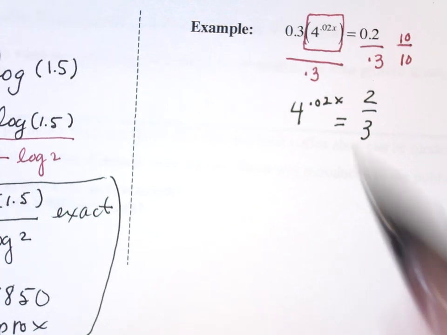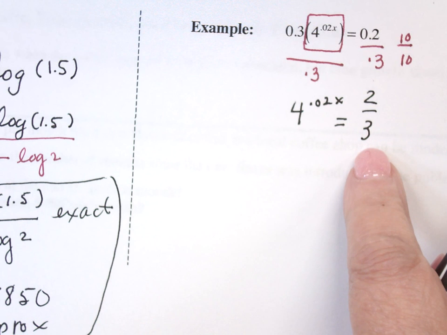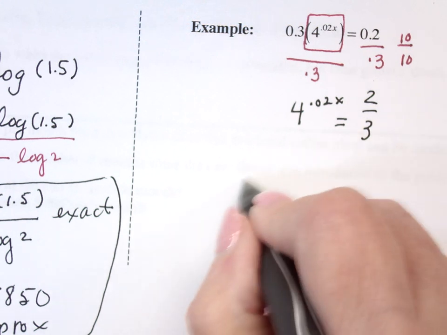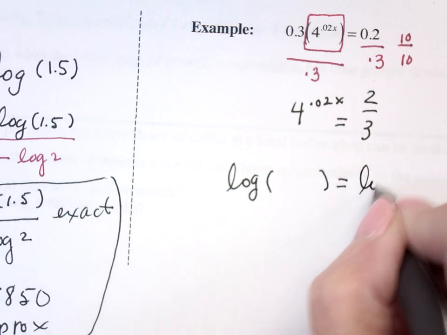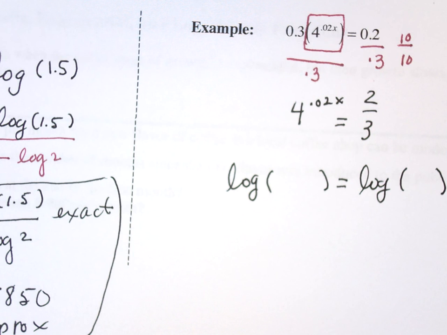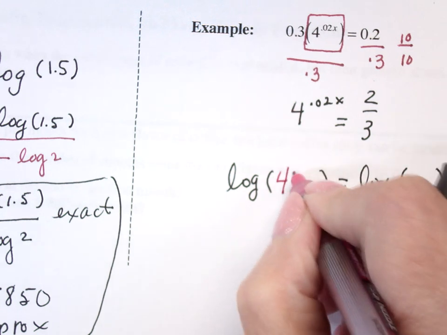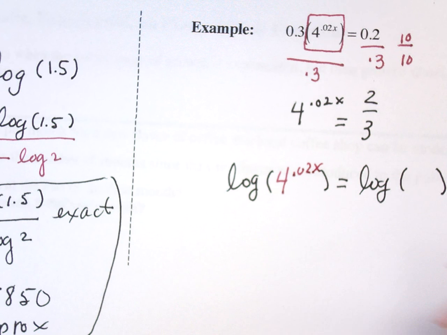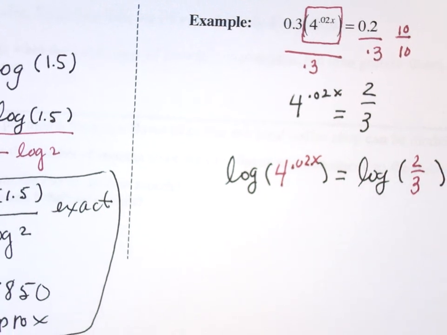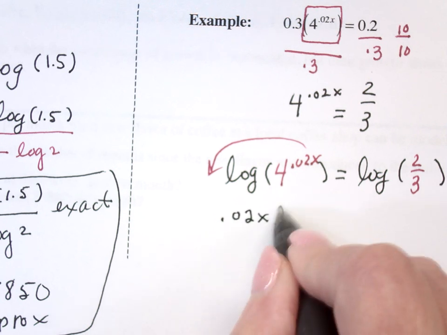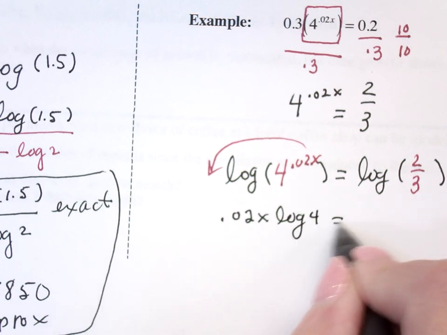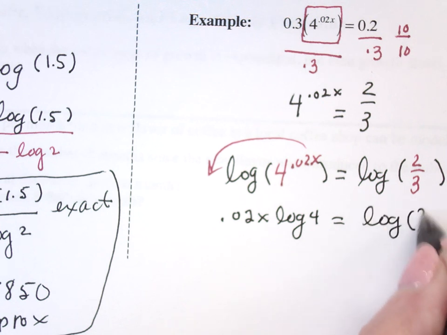Now, what do we do? Well, I can't make the bases the same, so I'm going to take the log of both sides. So the log of the left-hand side is equal to the log of the right-hand side. If two things are equal, then the logs of those two things are equal. Now, bring the exponent down in front, using properties of logarithms. 0.02x log of 4 equals the log of 2/3.